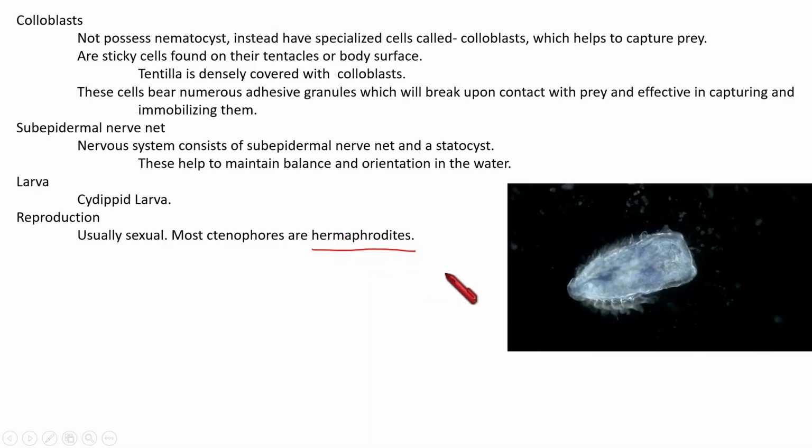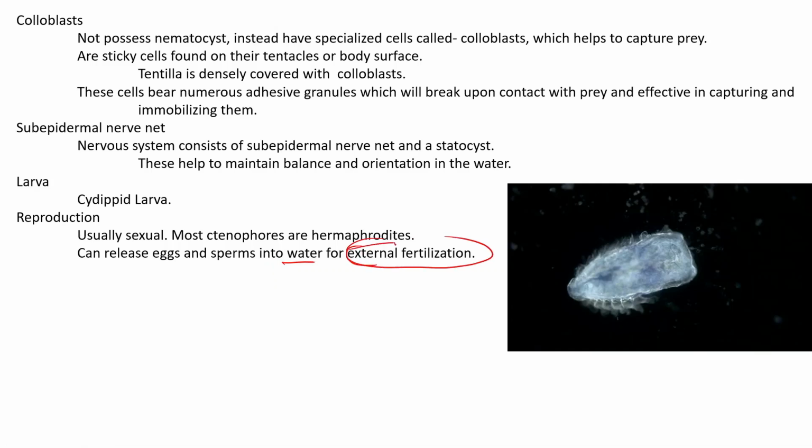Hermaphrodite means both gonads are present in the same individual. So most of the ctenophores are hermaphrodites, and eggs as well as sperms are released into the water, and the fertilization is external.